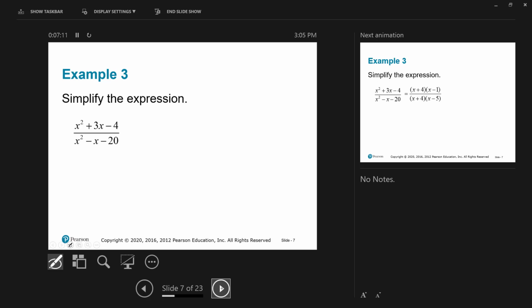Here is one rational expression, and they're asking us to simplify. And simplify means to reduce. So that means we need a multiplication problem, because the only way to reduce is multiplication. And once again, I've got addition, I've got subtraction, they're not helping me out.